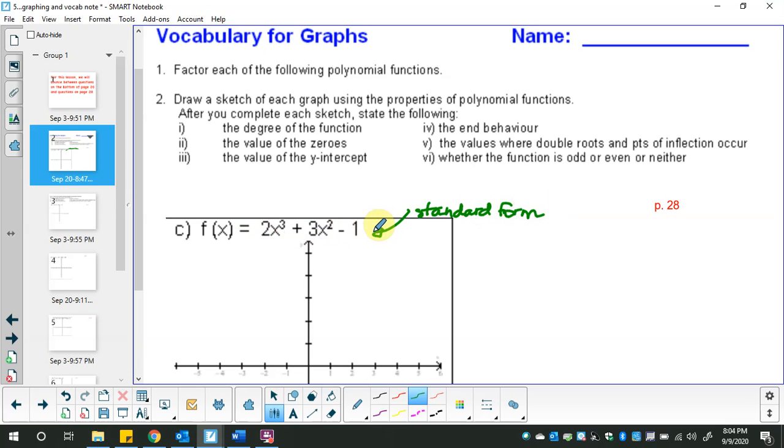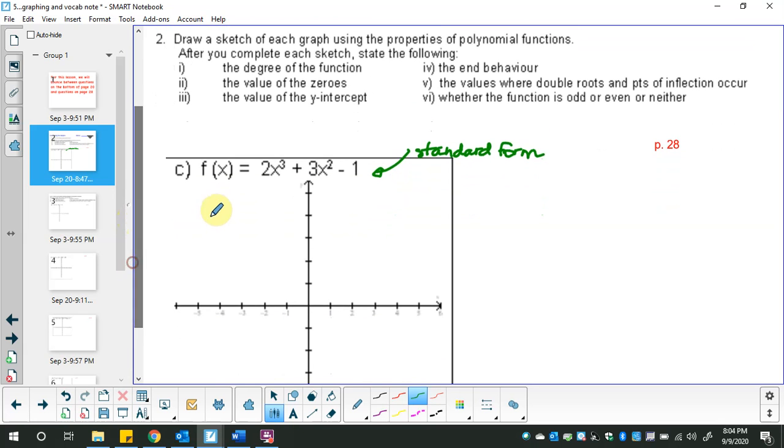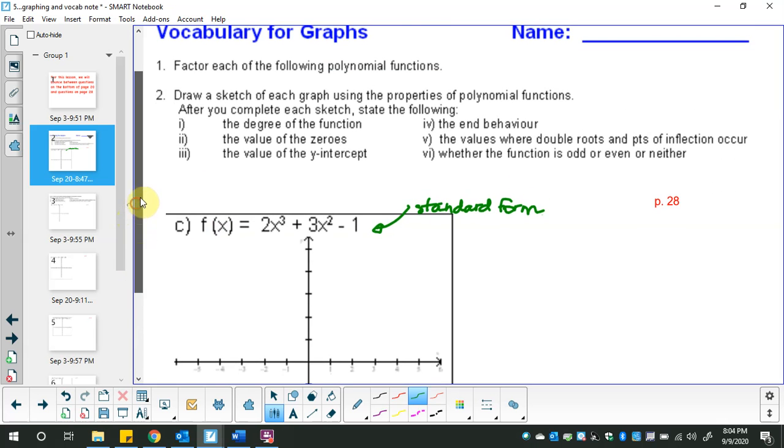It's a polynomial. And a reminder from grade 11 that f at x, which we've seen before, is the same thing as y equals. That means when you see f at x or when you see y equals, your job will probably be to draw or sketch a graph.